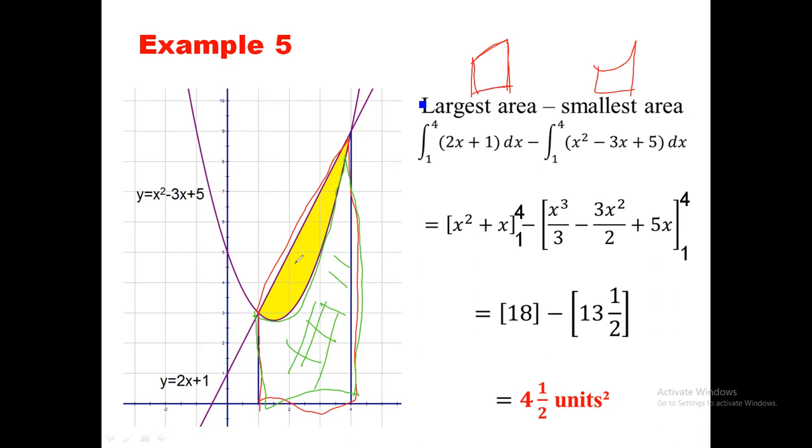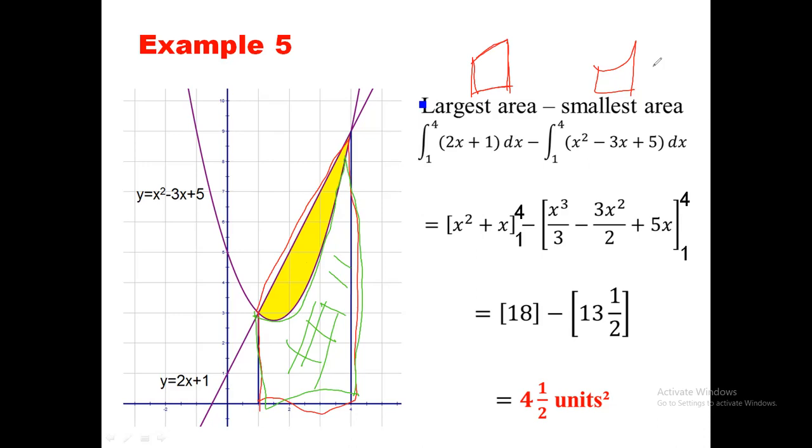This is one way. There's another way, and it depends on you what particular process you will use, as long as in principle you're using the correct limits and the correct formula in determining the area under the two functions.